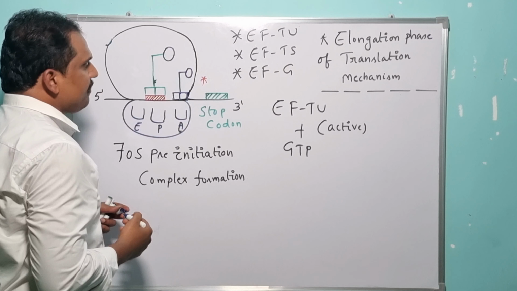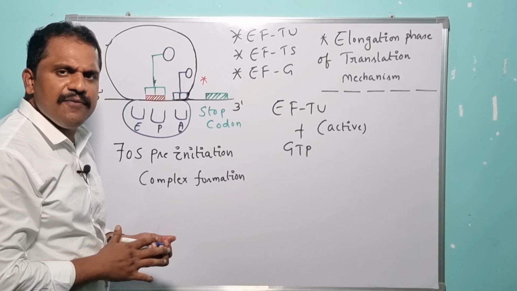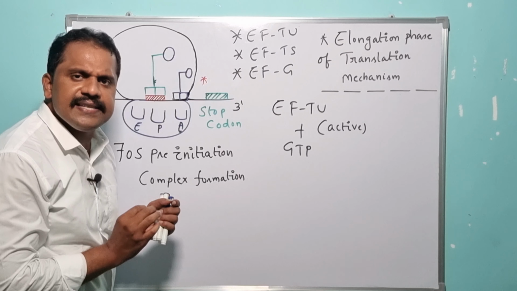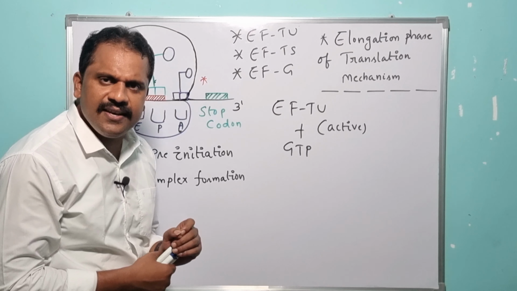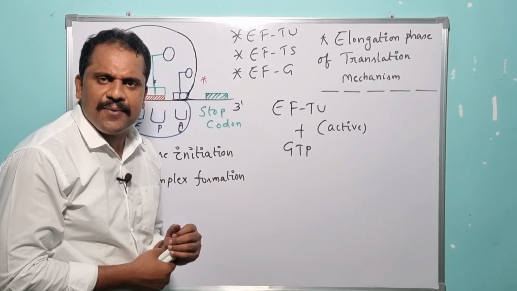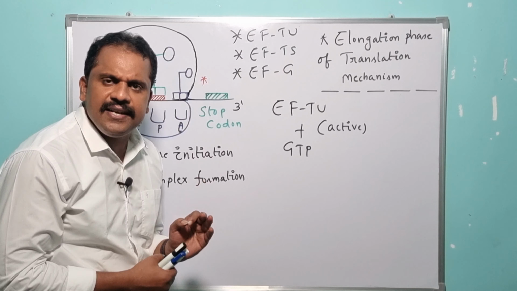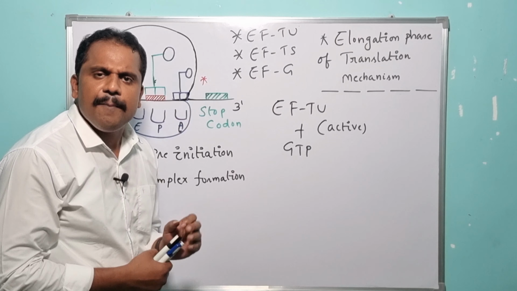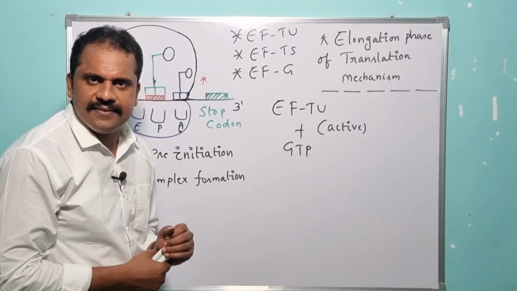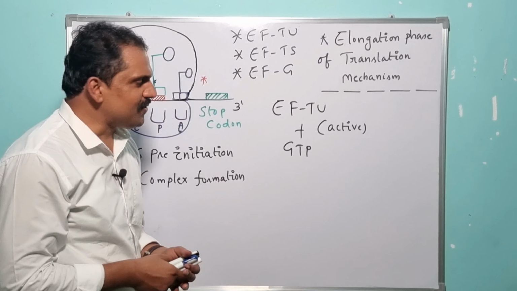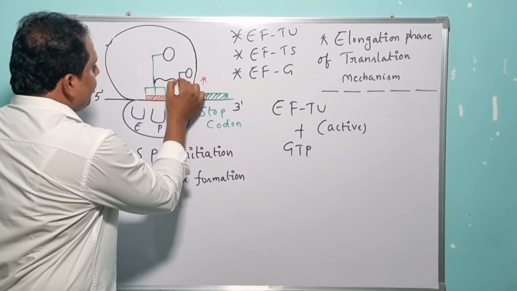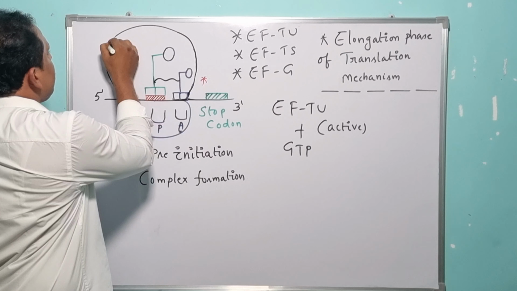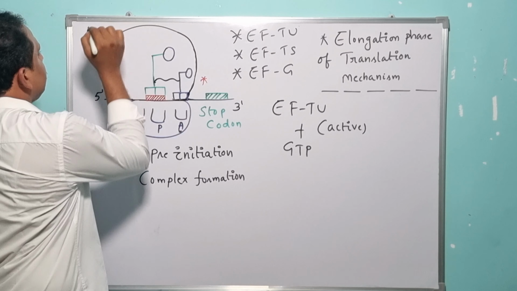Now, once the amino acid tRNA with its encoding amino acid has been successfully recruited to the A site, peptide bond formation takes place between the initiator tRNA's encoding amino acid and the amino acid tRNA's encoding amino acid. Is it clear? So let me write it here. So this is the first peptide bond formation, right?